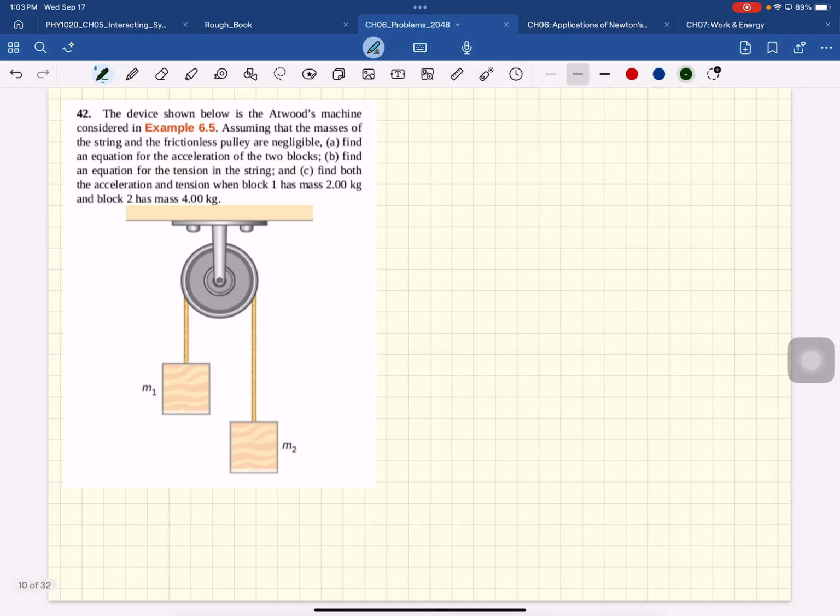Let's say M2 is greater than M1, and so the magnitudes of the accelerations will be the same. When this is massless and frictionless, what does that mean? What are they trying to tell you?